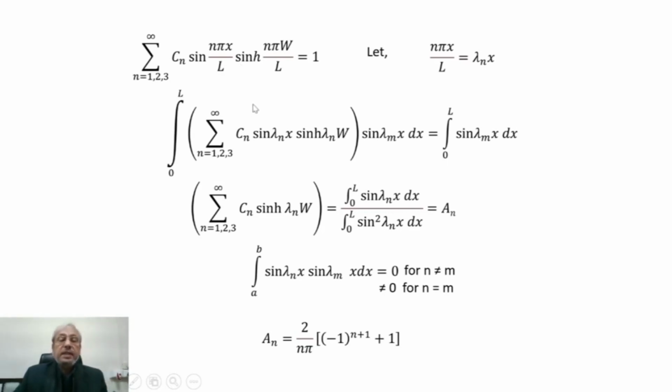Now, at this juncture, we have to apply the properties of orthogonal function. What we have to do in the domain limit between 0 to L, we have to integrate this with respect to dx after multiplying with sine lambda m x. And the right hand side also we do the same.